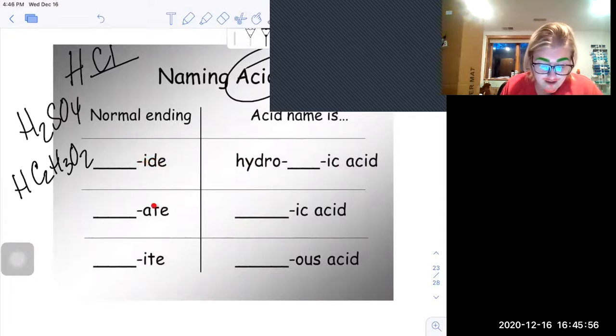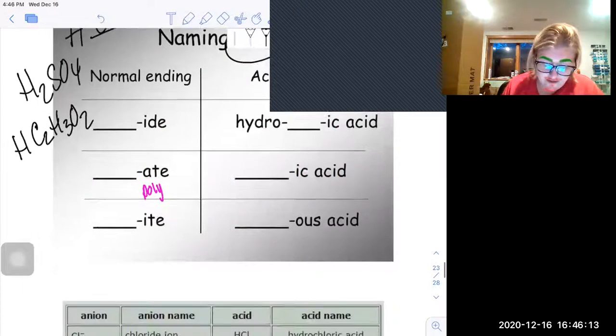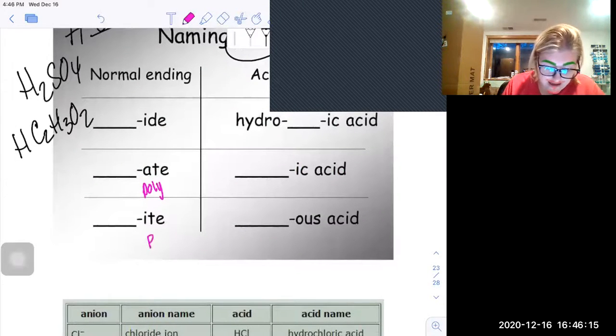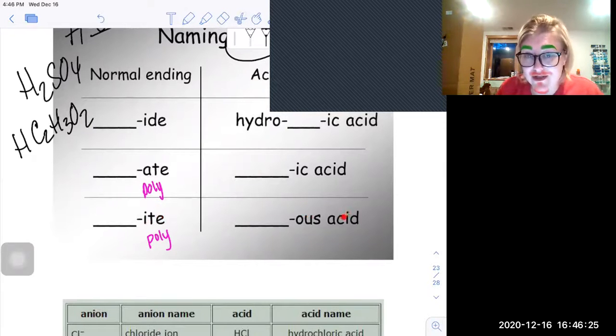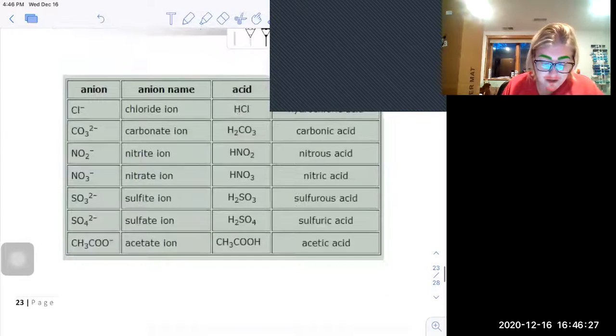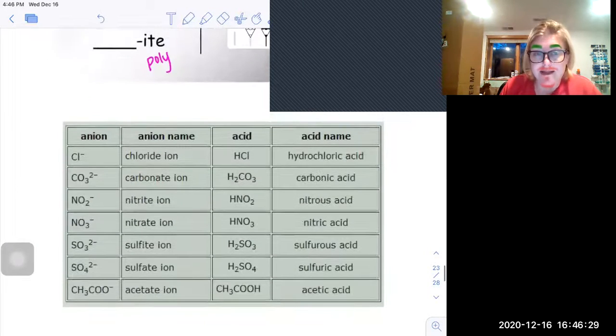If the ending was ATE, one of those polyatomics, you would drop the ATE ending, add IC, and then acid. And if it ended in ITE, another typical polyatomic ion, you drop the ITE and add OUS if it started with H. So we have a bunch of common acids here.